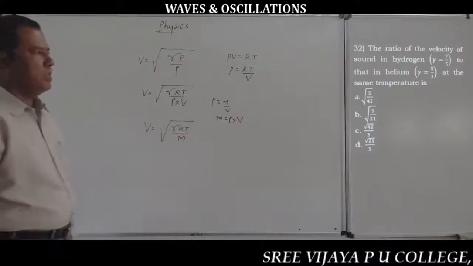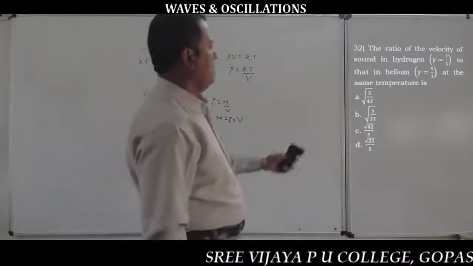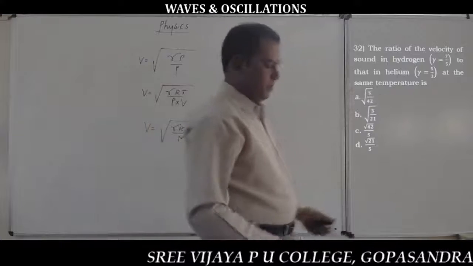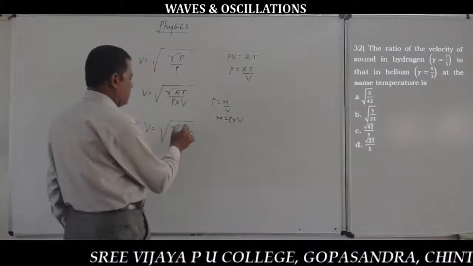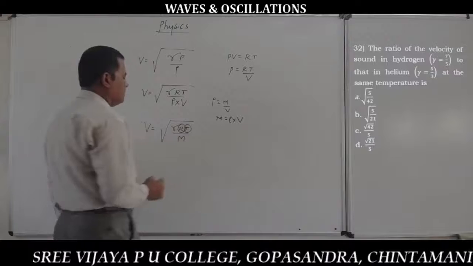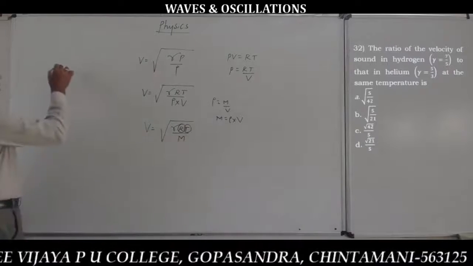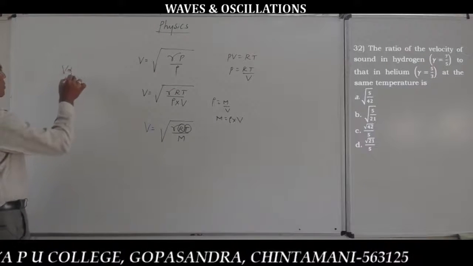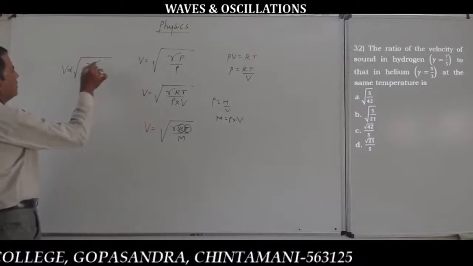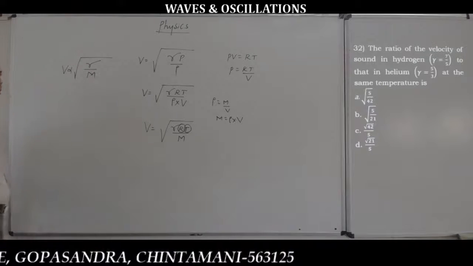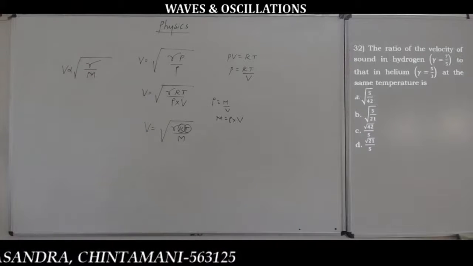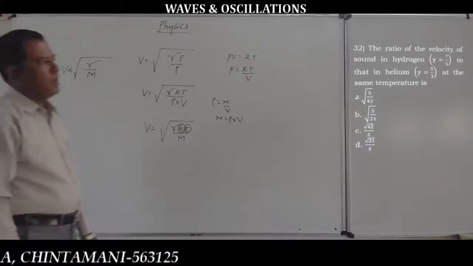Now let us go to the present problem. At the same temperature, T remains same, R is constant. So V is proportional to square root of gamma by M. Now let us move to hydrogen.